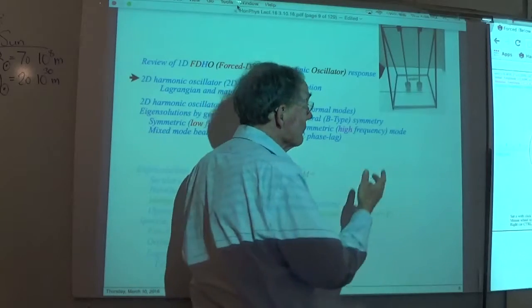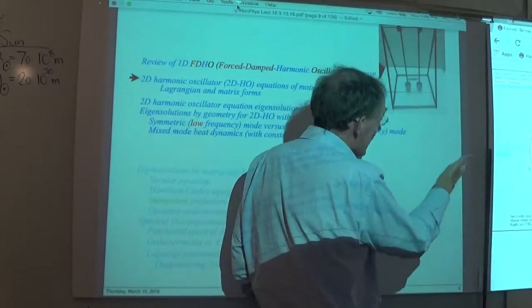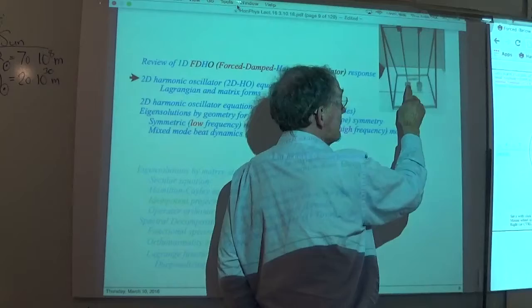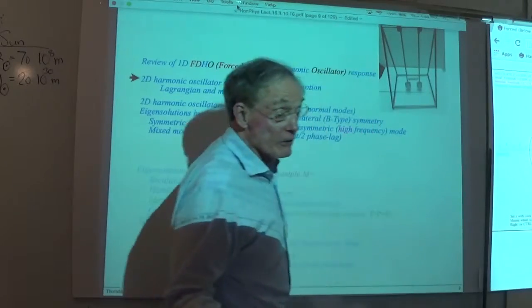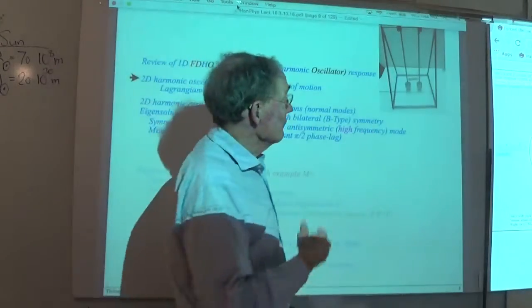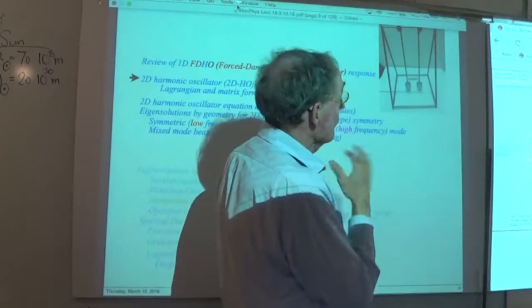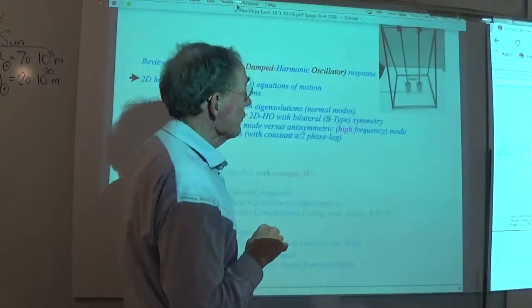And those two quantum states' amplitudes are going to be analogous to the amplitudes of the two pendulums on that little device over there. So that's what we're going to be describing now.